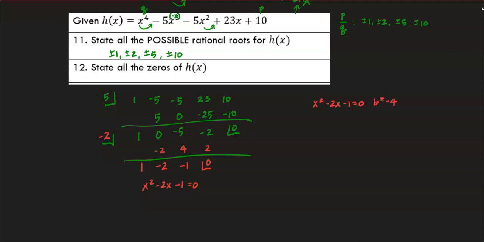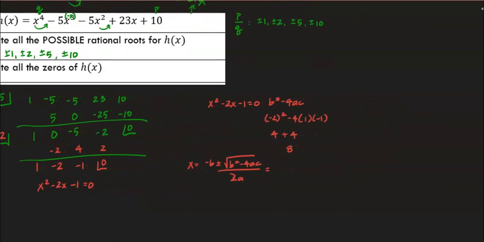We can just try b squared minus 4ac. We have negative 2 squared minus 4 times 1 times negative 1. 4 plus 4, which is 8. Nope, it's not going to be factorable, so I'm going to go ahead and use the quadratic formula. x equals negative b plus or minus square root b squared minus 4ac all over 2a.